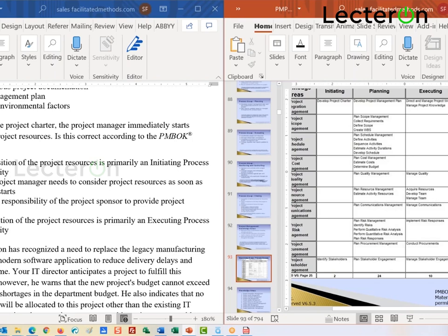Once you've got your charter, you've got a whole set of planning that has to be done. Especially in resources, you have to plan what kind of resources you need, estimate, and plan how you're going to get them. So they make a big deal about until you've done your planning, you don't get the resources.